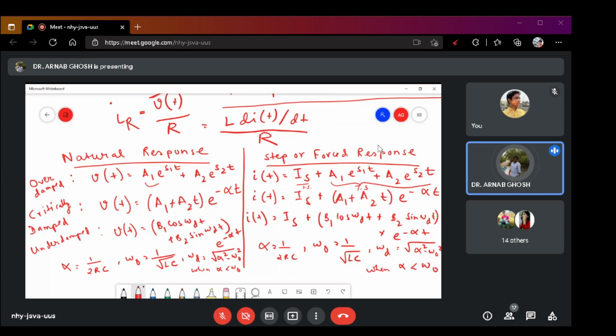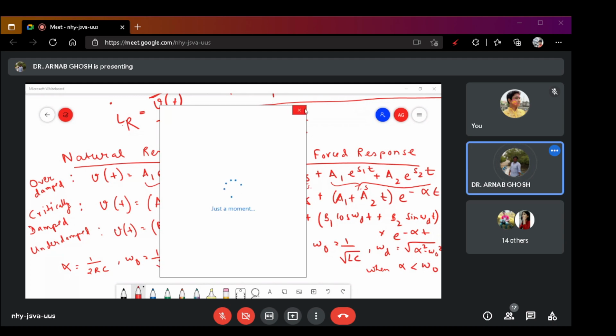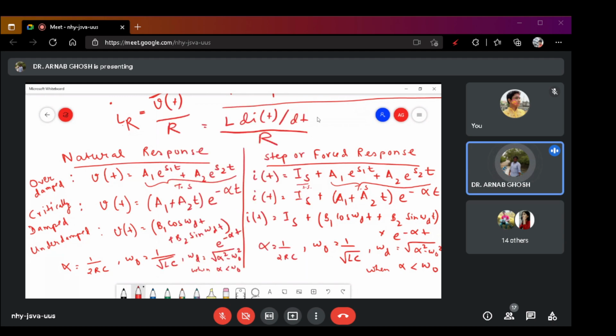Similarly here also, this is the steady state, this is the transient state. But for natural response, you only have the transient state. This is just the general formulas that I have written down, and this is for the RLC parallel circuit.